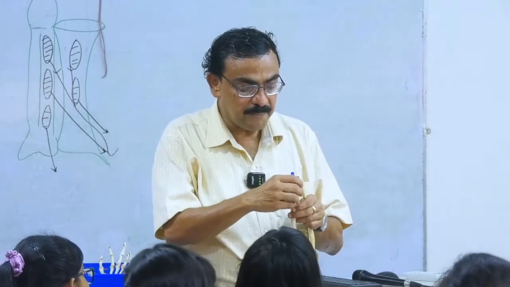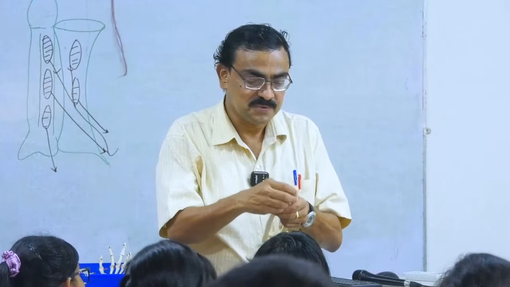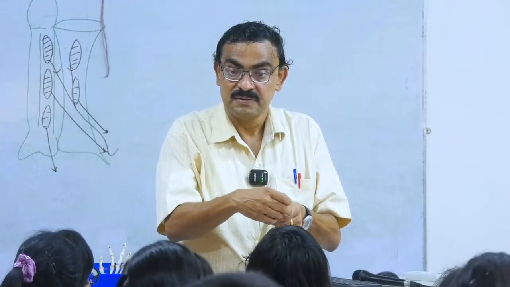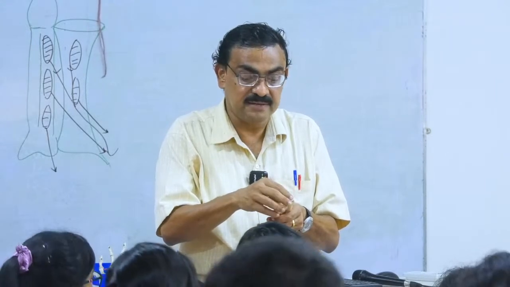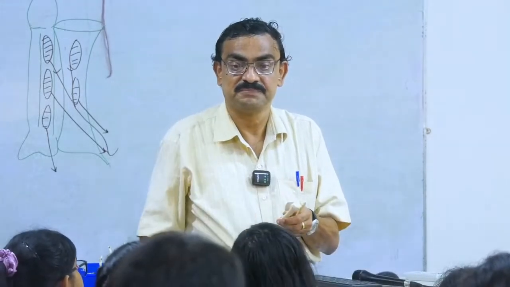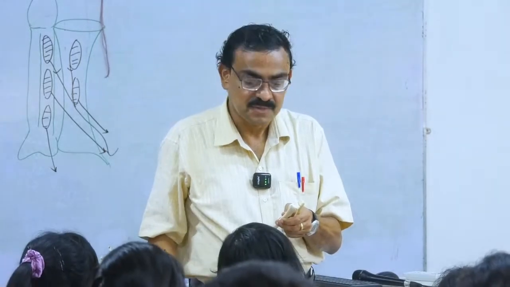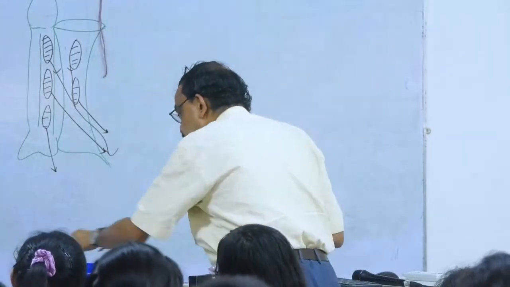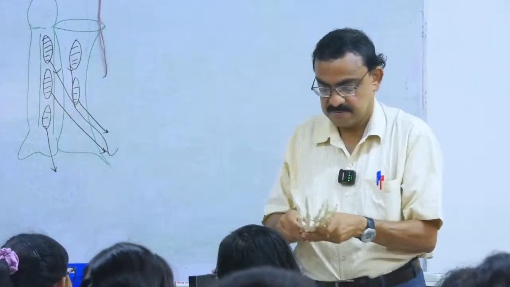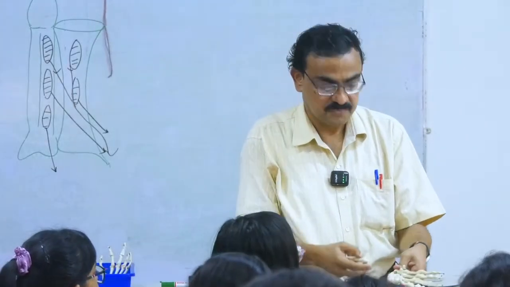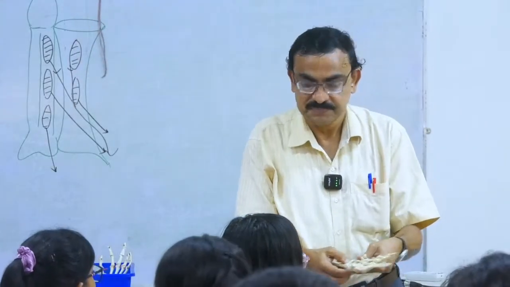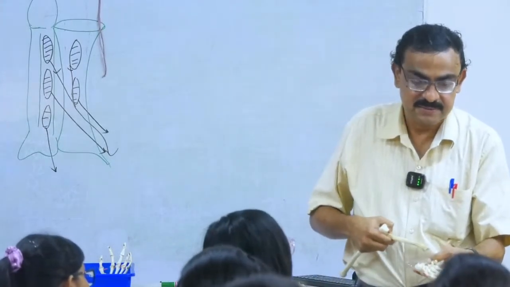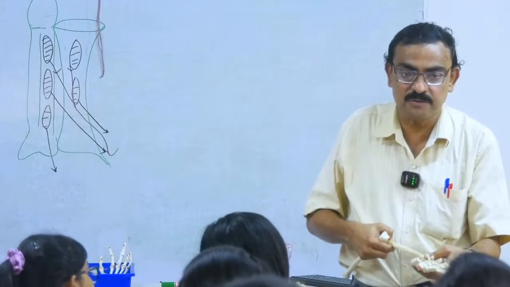So, my intention is to impress on your mind that the ulnar head is separated by this articular disc, whereas this articular surface of the radius can articulate nicely with the carpal bones. But because there is an articular disc, there is no direct contact with the carpal bones.